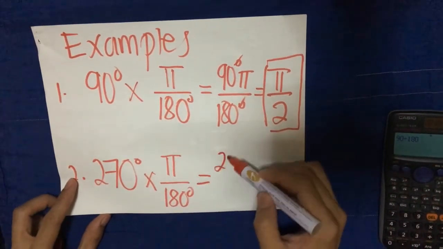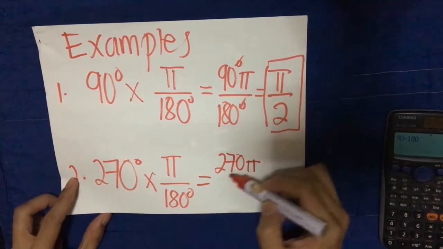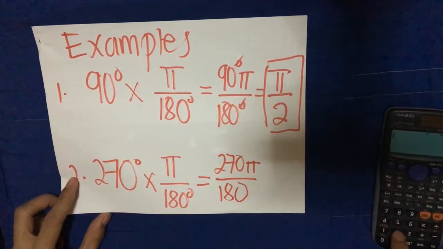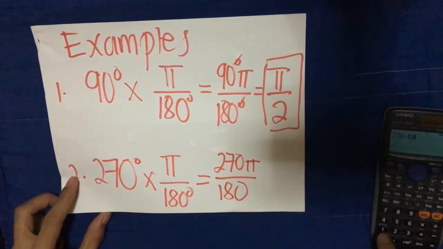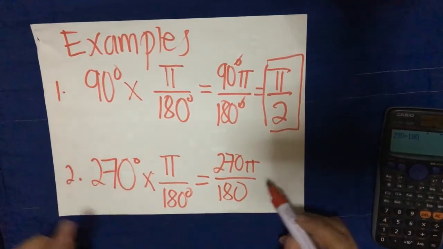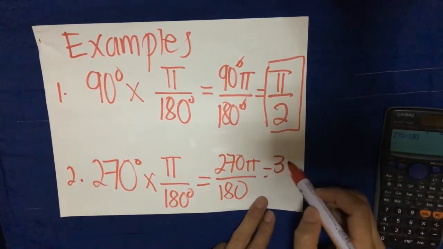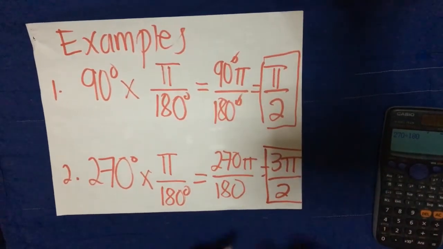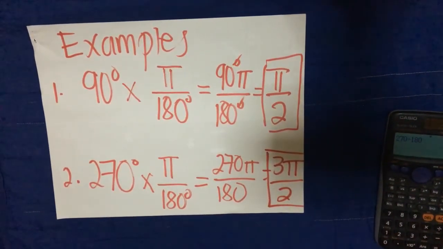It will become 270 pi over 180. Let's divide 270 by 180, and that is 3 over 2. So it will become 3 pi over 2. This is now the equivalent of 270 degrees. The 270 degrees is equivalent to 3 pi over 2.